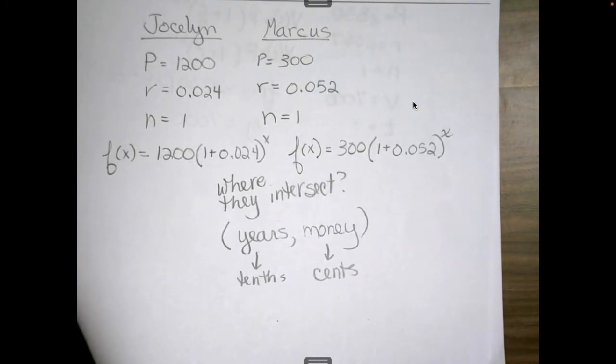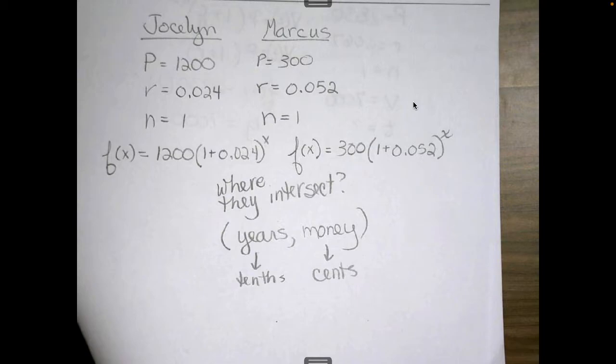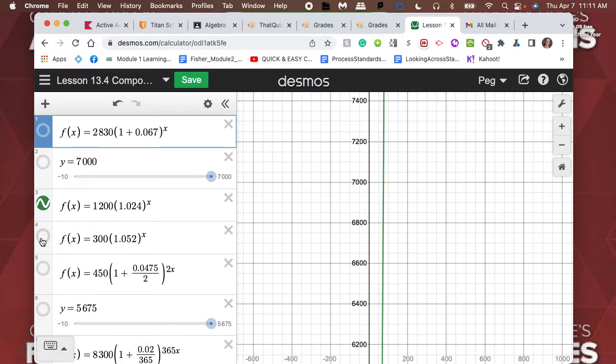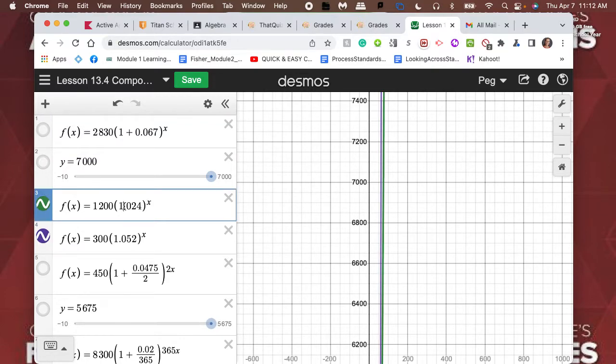Desmos is the diamond. I entered them. Since I have to switch back and forth on the panel, I went ahead and entered them. I can split these apart if that's confusing to you.